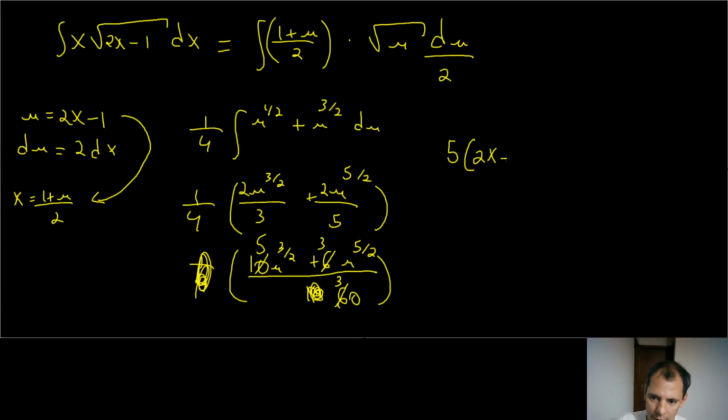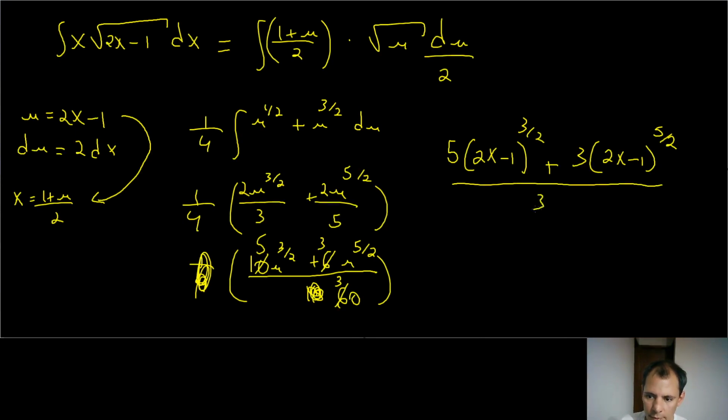So it'll be 2x minus 1 to the 3 halves, plus 3 times 2x minus 1 to the 5 halves, all of this divided by 30.